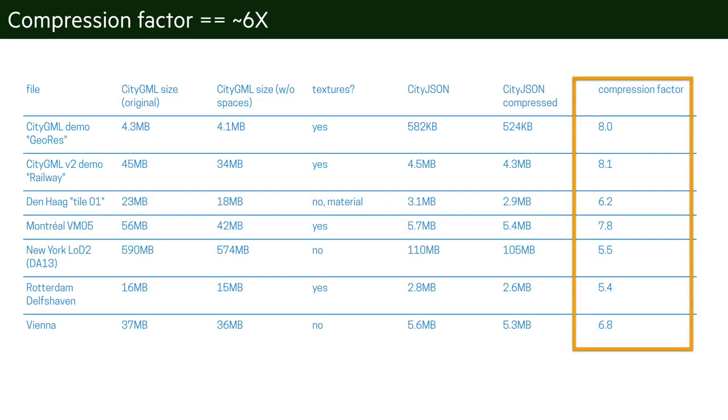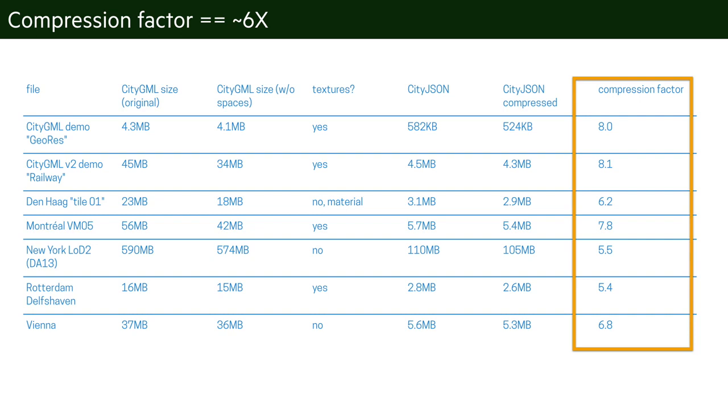One nice feature of CityJSON is that, since we are using different tricks to compress the files, for example, by using the OBJ indexing, we can obtain in practice a compression factor which is around 6. So we took several CityGML files that were openly available.